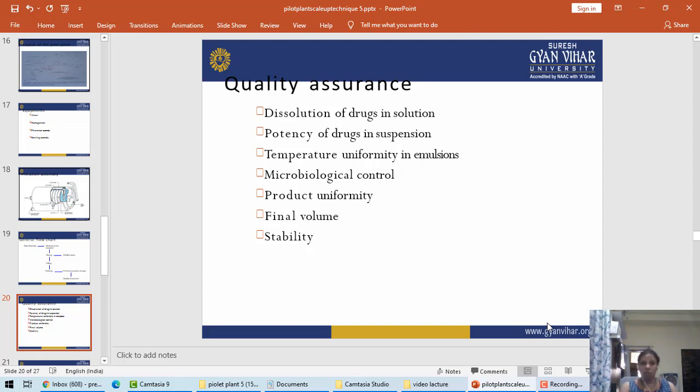We can release the formulation after the accelerated and intermediate study, and keep it for the long term study if the formulation is previously approved. If it is a novel formulation, we have to perform the long term study as well.